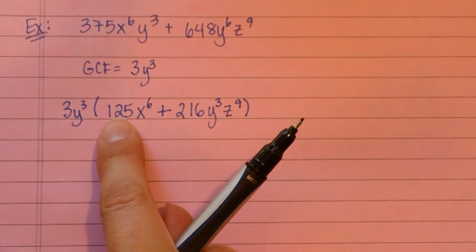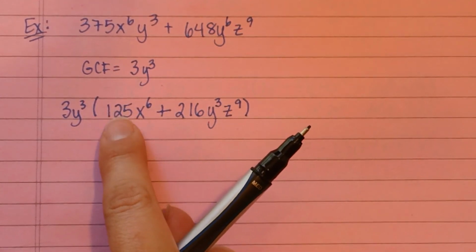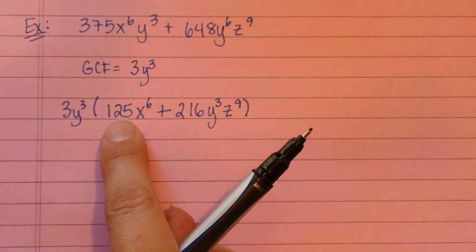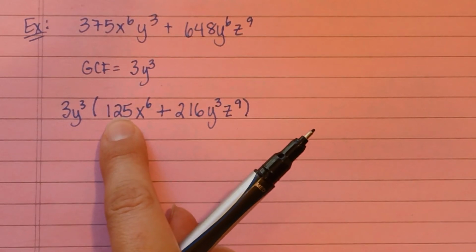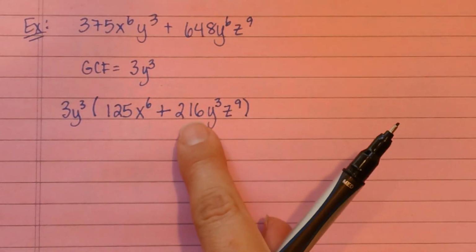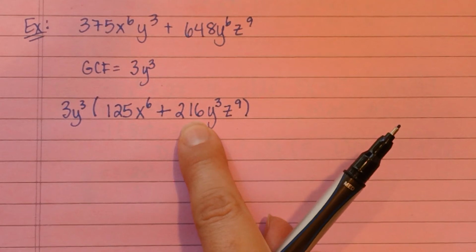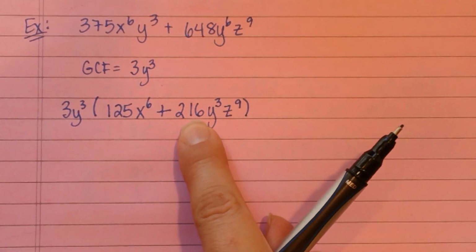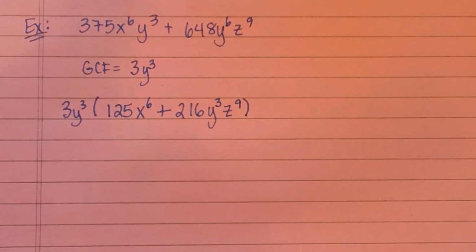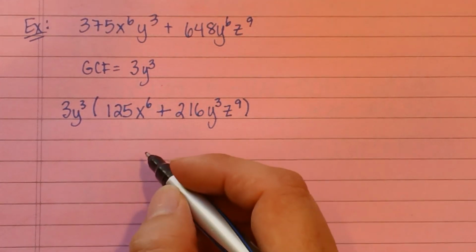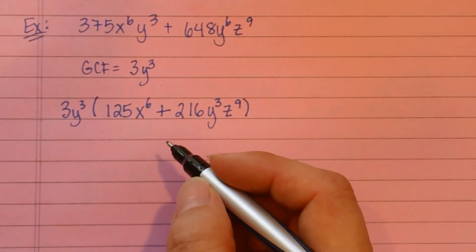Now I'm looking at the coefficients here. 125 is only really divisible by 5, and then 25. And 216 is divisible by a bunch of 2's and 4's and stuff like that. So these are not going to have a greatest common factor. So we got the whole greatest common factor the first time.